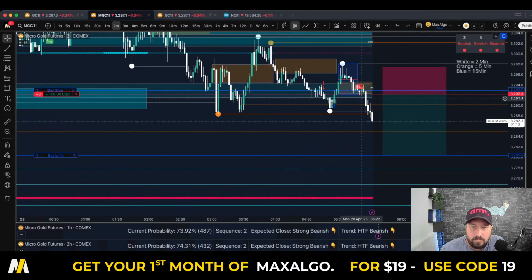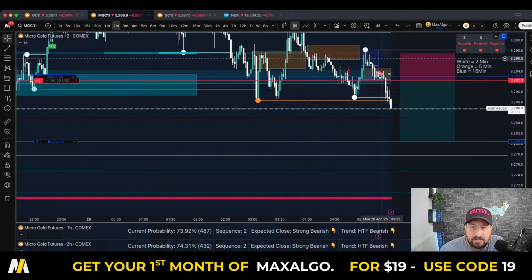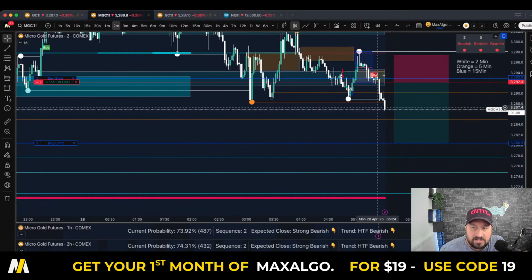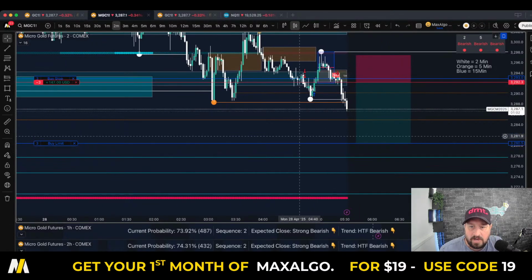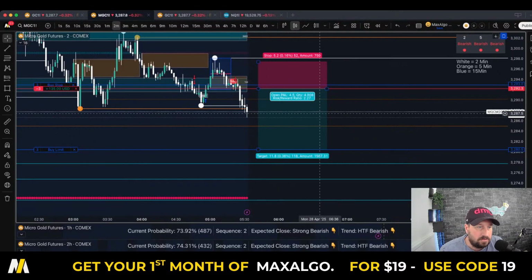Nice rejection off the 1 hour. First 20 minutes is bearish, we take the low of the first 20 minutes. Statistical data today has been bang on. Let's look at where we expect our deliverability to be on gold.